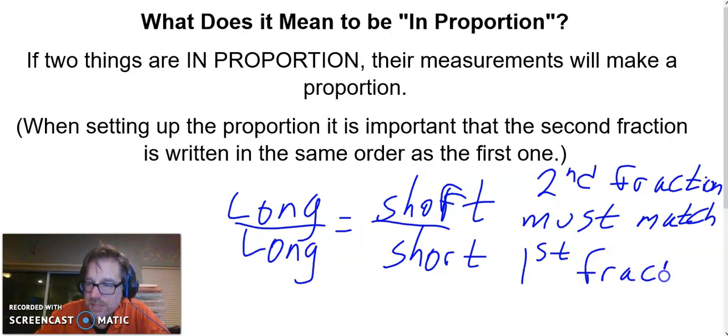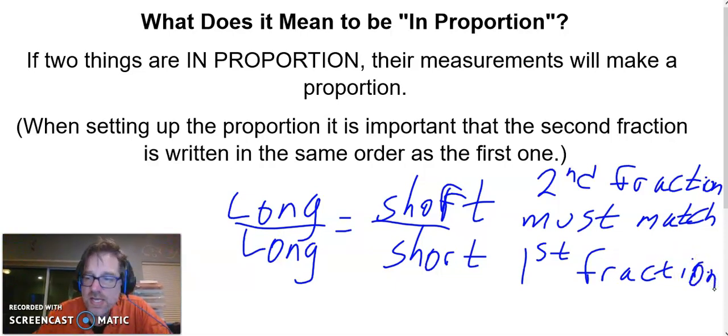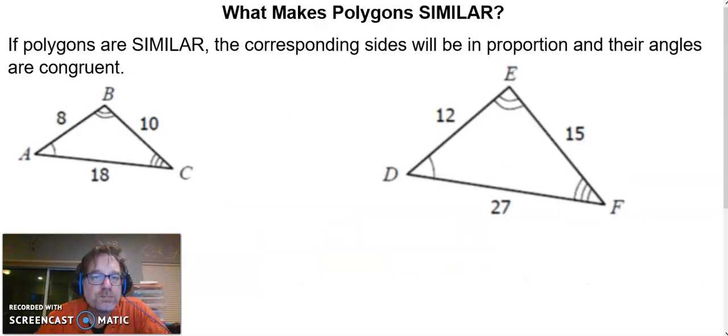It has to, because if they don't match, then I can't tell if they are in proportion. And I'm going to show you what I mean. We'll talk about more of that in class and later in this video.